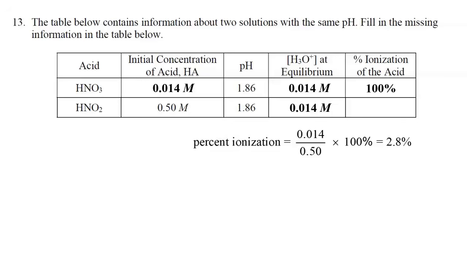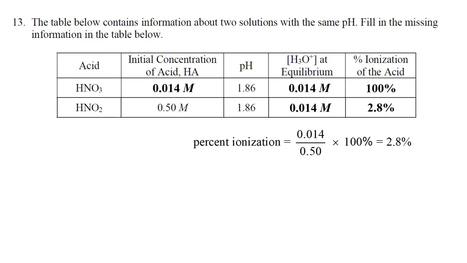The percent ionization is the ratio of the hydronium ion concentration at equilibrium divided by the initial concentration of the acid itself. So 0.014 divided by 0.50 times 100, and that equals 2.8%. So HNO2 is a weak acid, only partially ionized in solution.